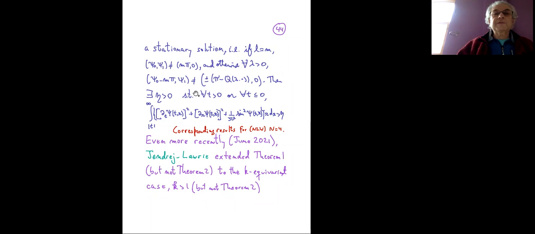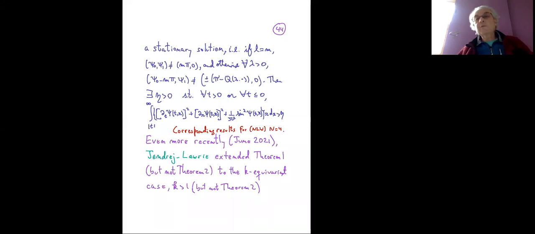And that's what this description tells you. Then there is an eta positive such that for all t positive or all t negative, there's always some energy outside of the light cone. There's always a channel of energy. Okay? And this gave the soliton resolution for corotational wave maps.